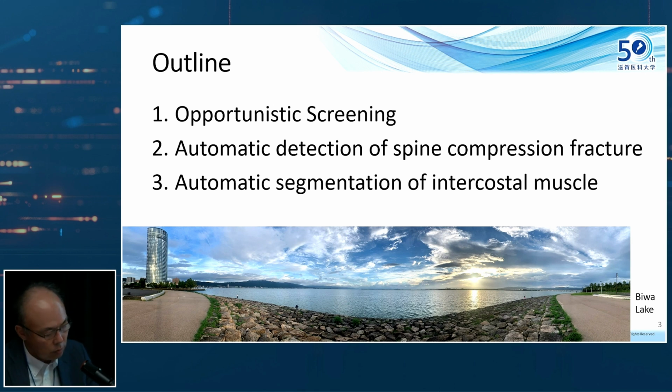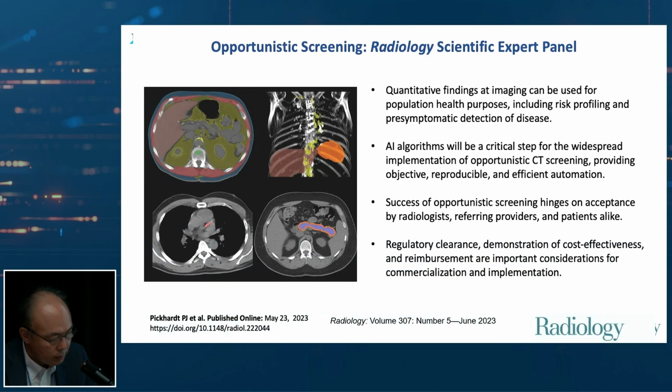And last time, we introduced our team's research about the automatic detection of spine compression fracture and automatic segmentation of intercostal muscle. This is a commentary from last year in Radiology on opportunistic screening.